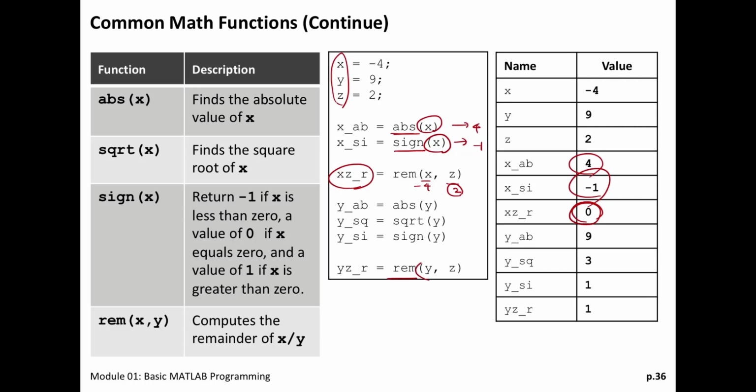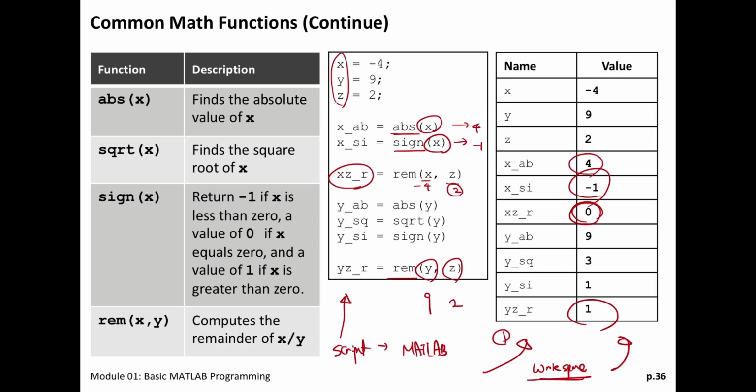What about the remainder of y and z? y is 9, z is 2, the remainder is 1, right? As I mentioned in the course syllabus, I recommend typing all these scripts into MATLAB and then checking the workspace so that you get the same result, okay?